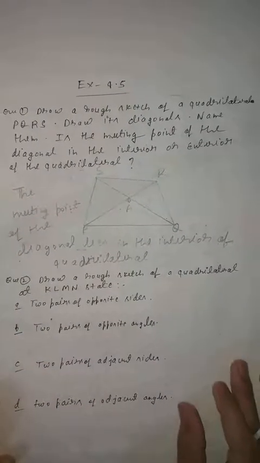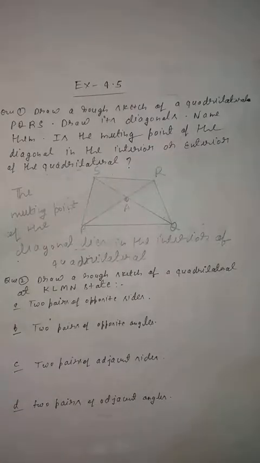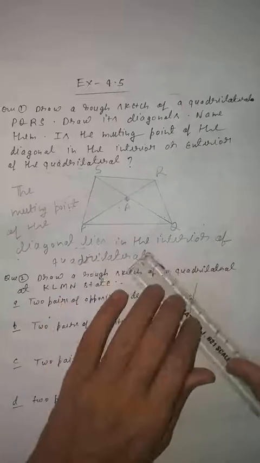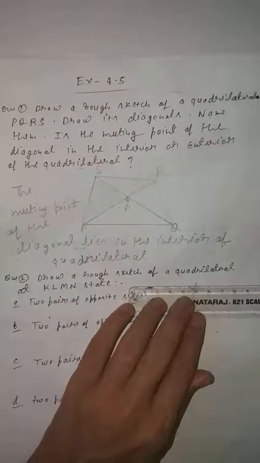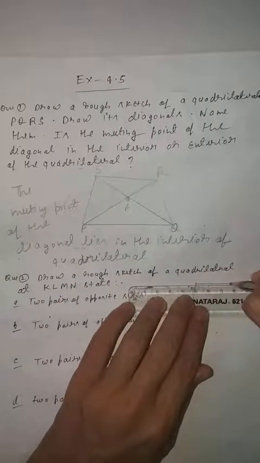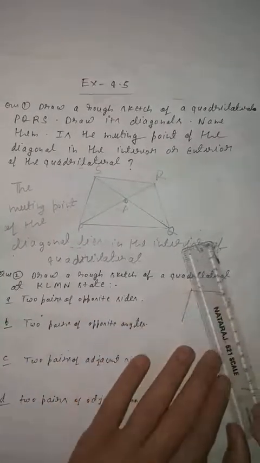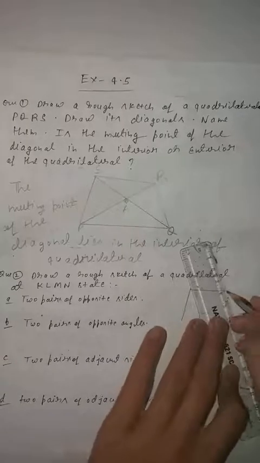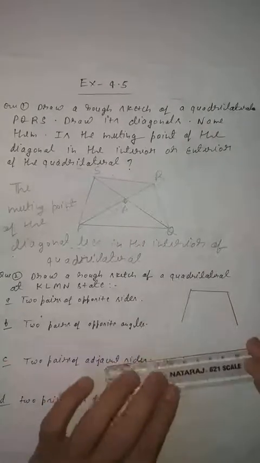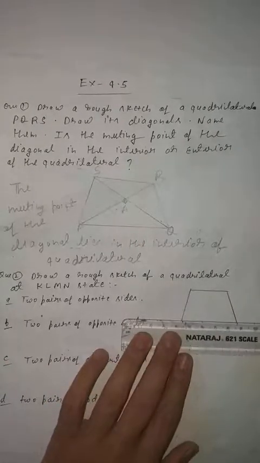Now, next question: draw a rough sketch of quadrilateral KLMN and state. So again you have to draw the quadrilateral. Quadrilateral means simply having four line segments, so you can draw another type of diagram.